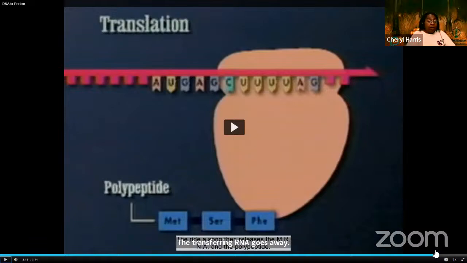And we now have this chain of amino acids that are connected, and they go off and they're ready to be whatever structure they were created to be. So the transfer RNA delivers the amino acids, lets it go, and then it goes back and gets another one from floating around in the cell, and then is waiting to come back to the factory when it's needed. Okay? So that's how that process works.